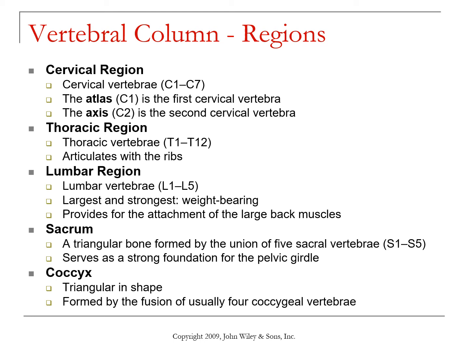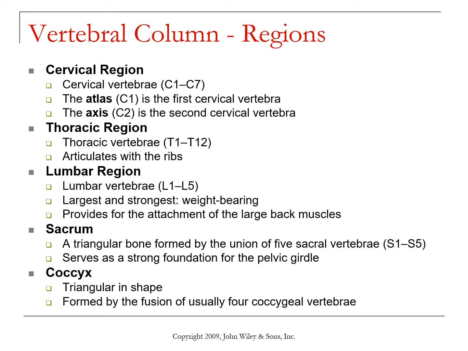Inferior to the atlas, we have C2, which is called the axis, and it is unique because it fits into a space within the atlas, allowing for rotation of your head to indicate no. The occipital condyles resting on the atlas allow you to rock your head forward to indicate yes.